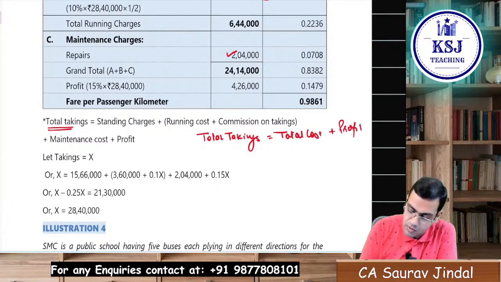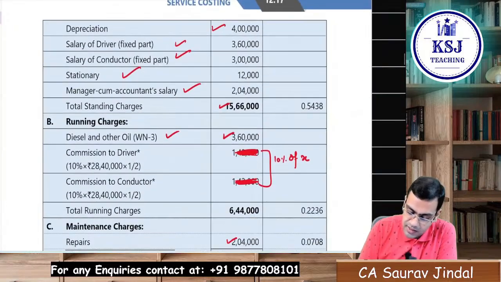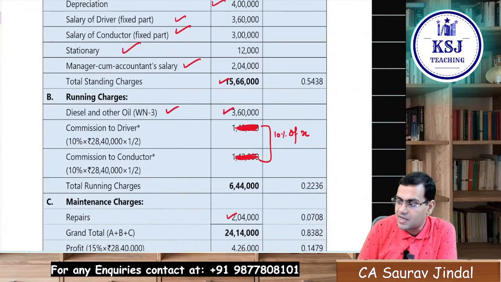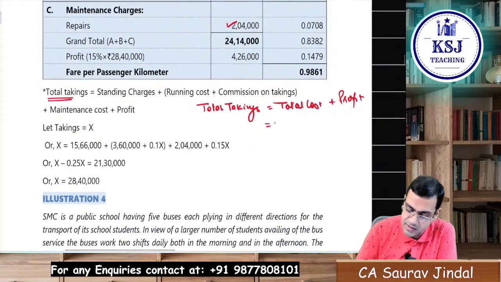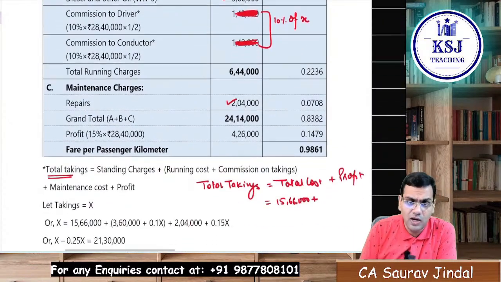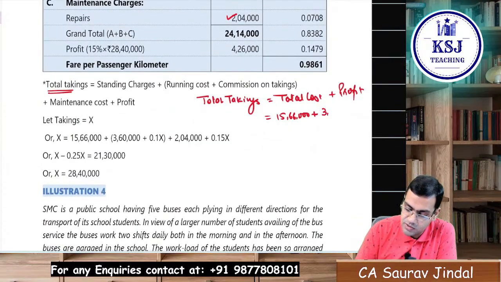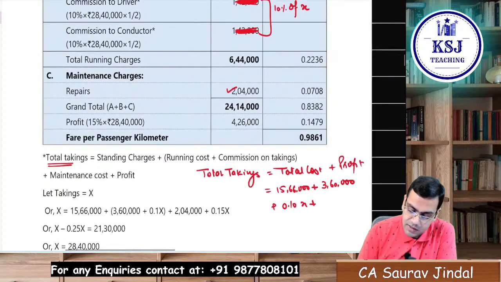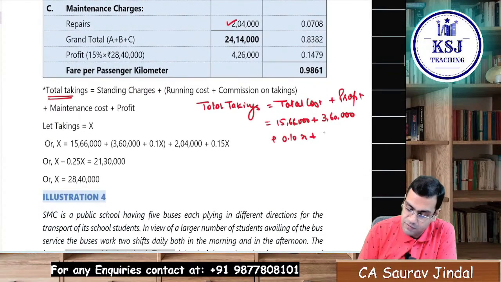So what is the total cost here? The total standing charges, as such we will take, that is 15,66,000, plus diesel and oil we have calculated, 3,60,000. Then what is the commission, sir? Commission is 0.10X, plus the repairs, that is 2,04,000.